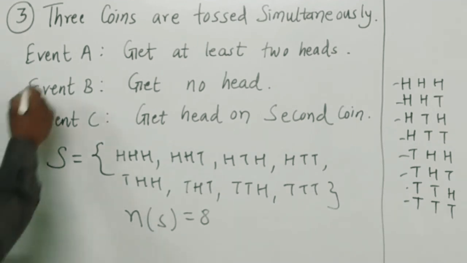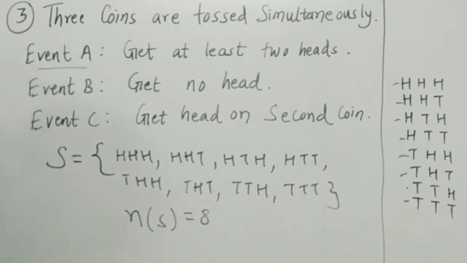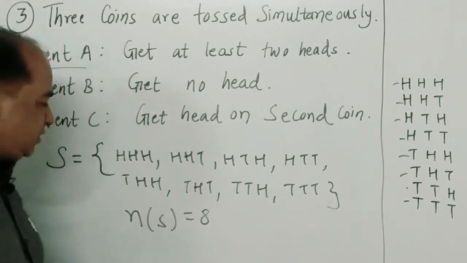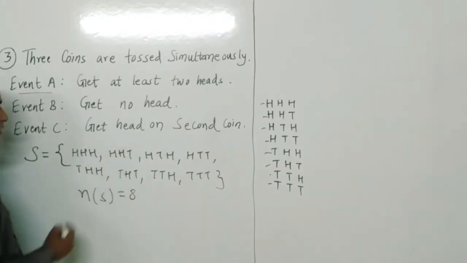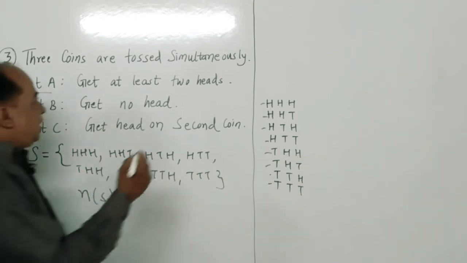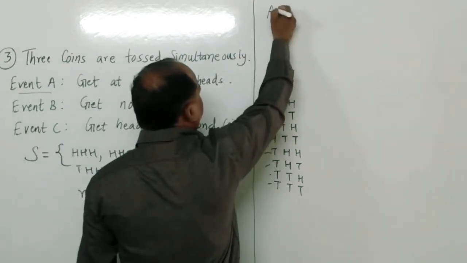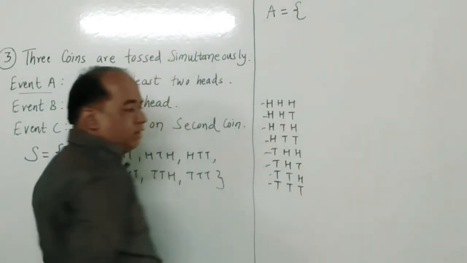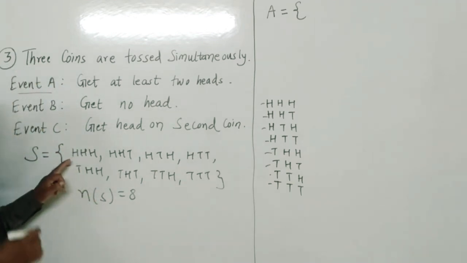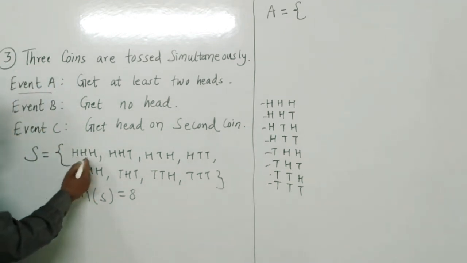Now event A is getting at least 2 heads on the uppermost face. So from this sample space, A is equal to at least 2 or more than 2 heads.